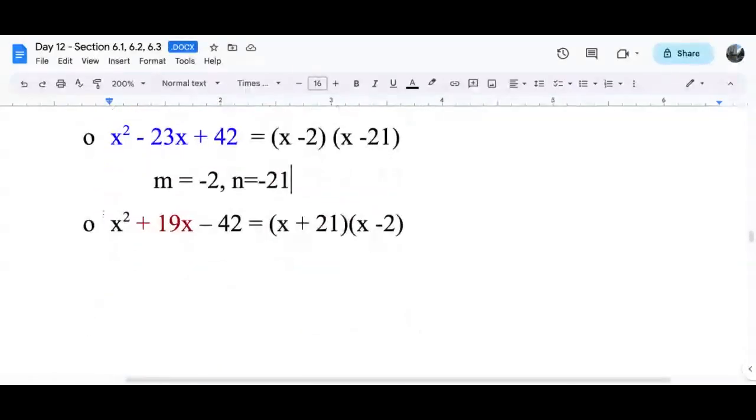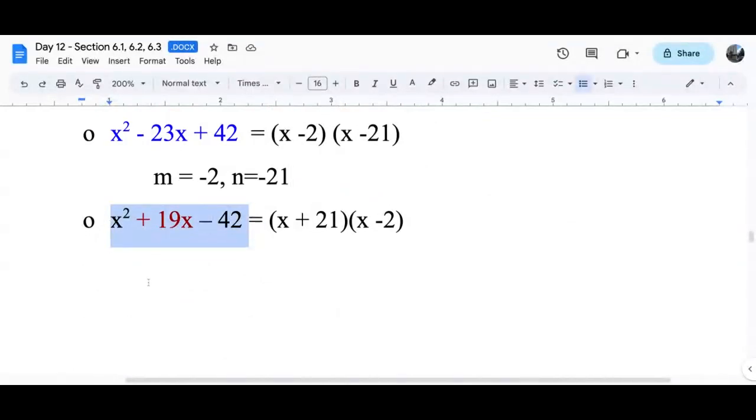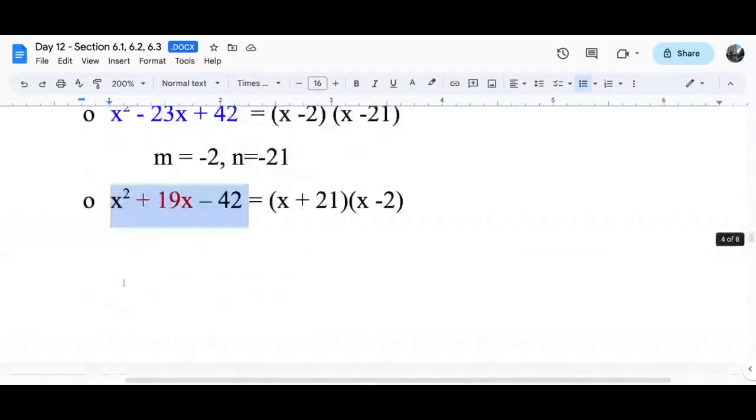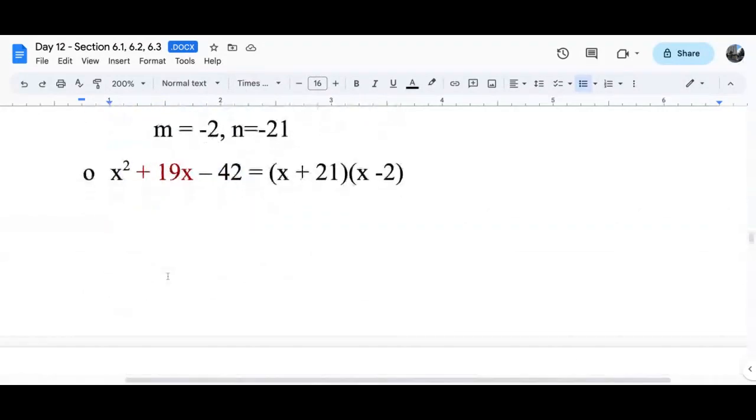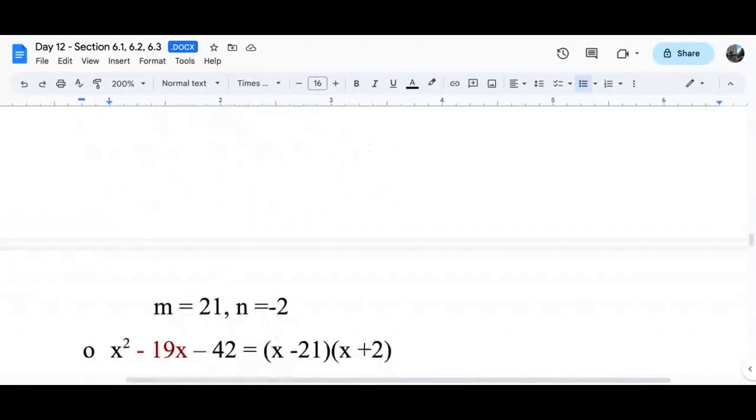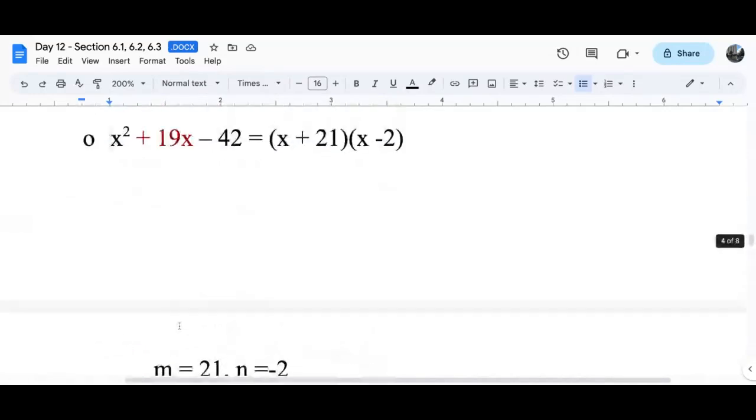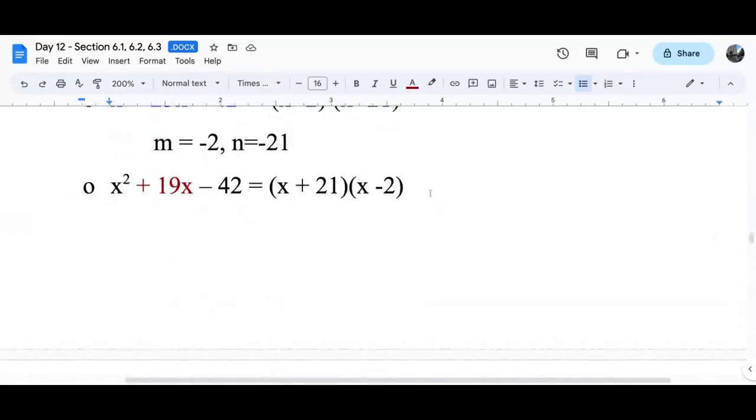Let's keep moving. Let's see this one. M plus N is positive 19. Right, let's write here.